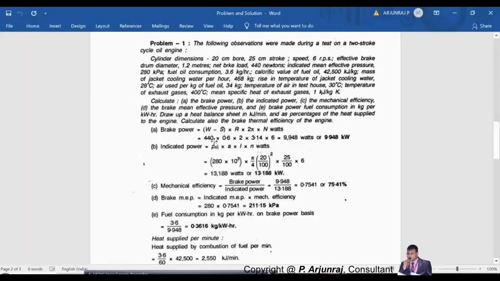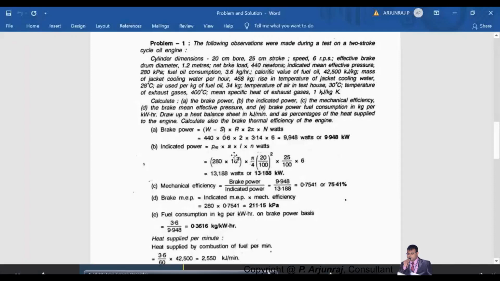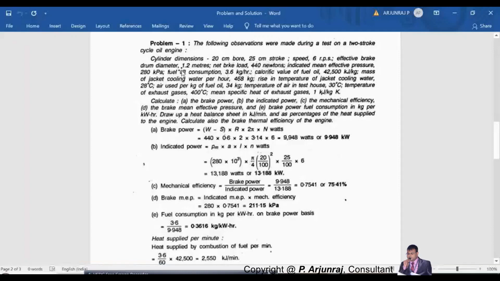Here they have given the brake drum diameter. So the brake drum diameter here is 1.2.